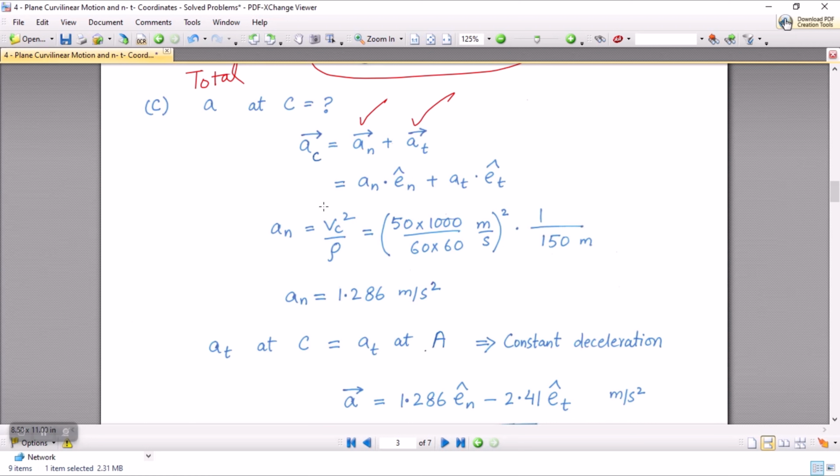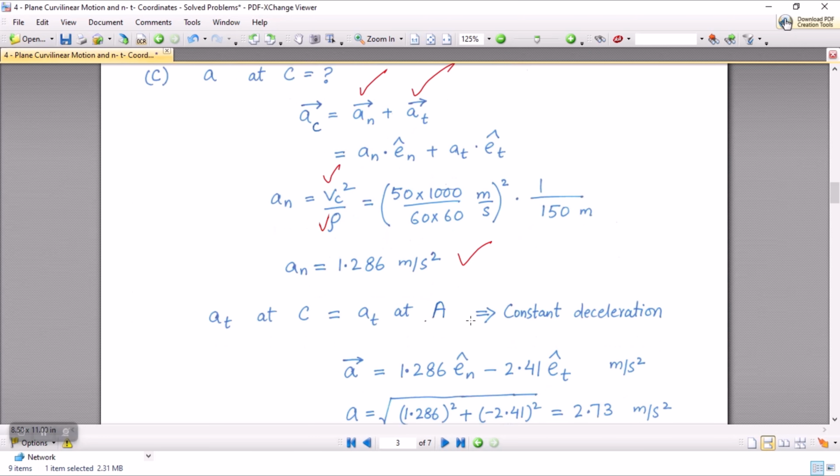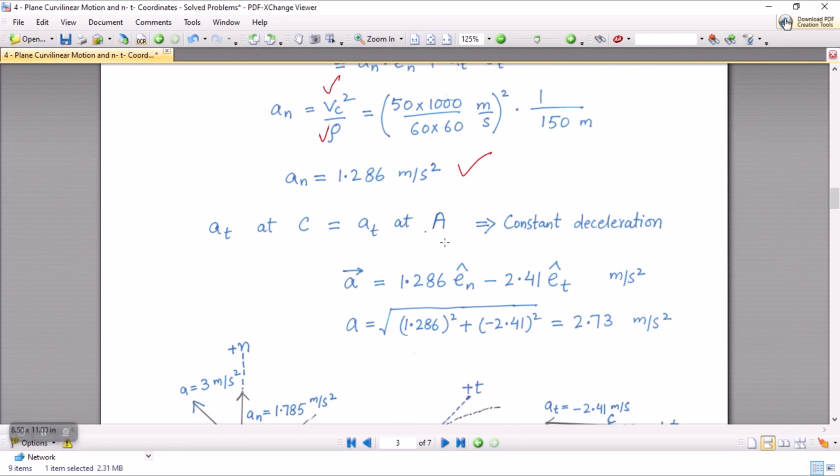V c square was given, rho was given, so it's a direct determination, but you need to convert velocity into meter per second from kilometer per hour. You will determine A sub n. A sub t will remain the same because it's a constant deceleration between A and C. So the t component at C will be the same as the t component at A. The magnitude of t component will be the same.